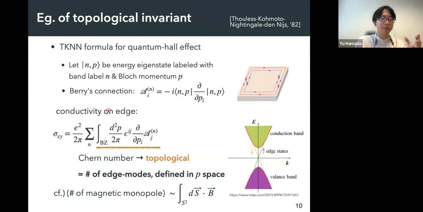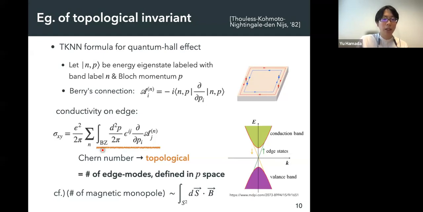In this setup, let's consider the conductivity on the edge of this material. Then these people showed that this conductivity is proportional to this quantity, which is given by these Berry's connections. And we can see that this quantity is nothing but the Chern number, which is a kind of topological invariant defined in the momentum space.